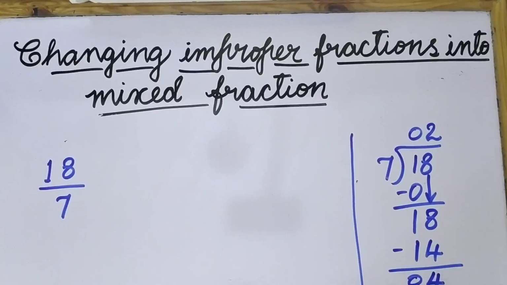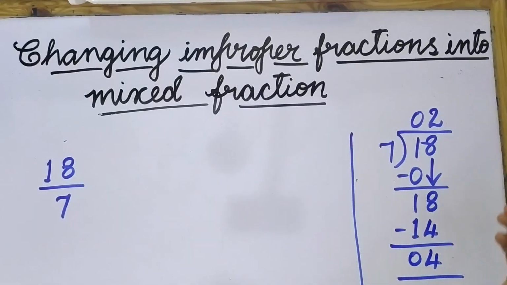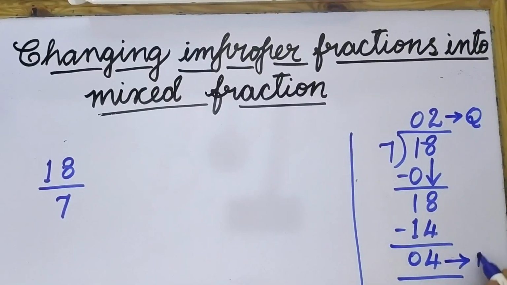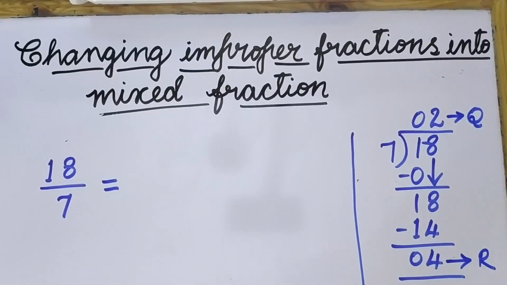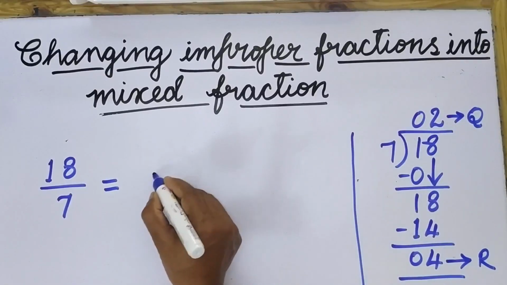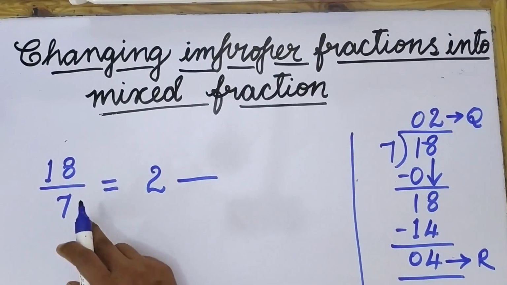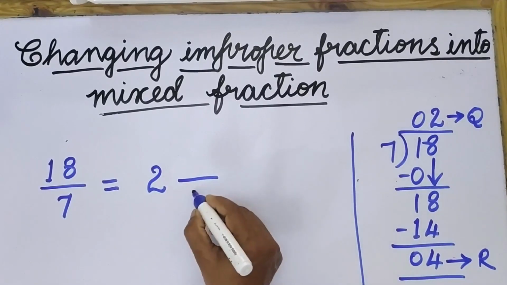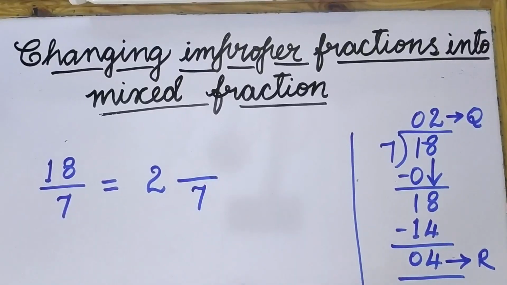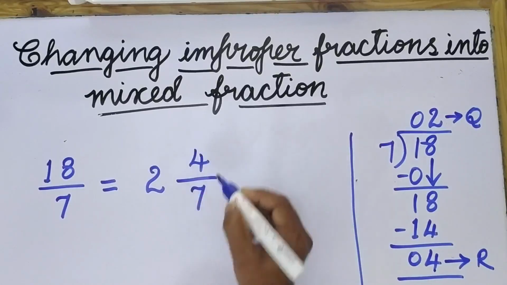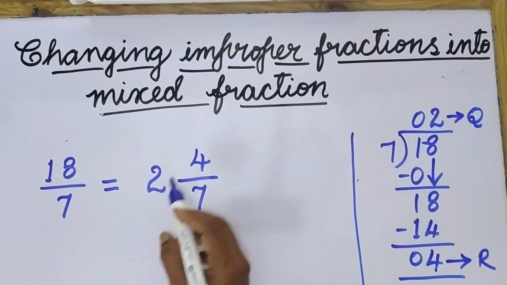So here 2 is the quotient, 4 is the remainder. As we know, to change improper fraction to mixed fraction, this quotient will be in the place of whole number, that is 2, and as we all know the denominator doesn't change, we write the denominator as it is. Then in the numerator's place, we have to write the remainder. So the mixed fraction is 2 4/7.